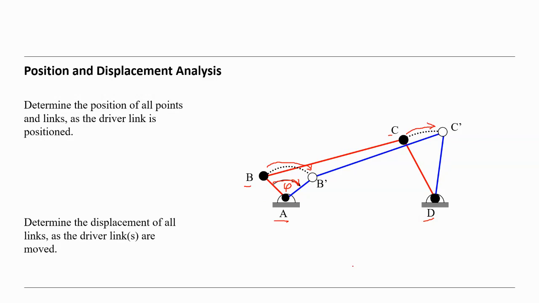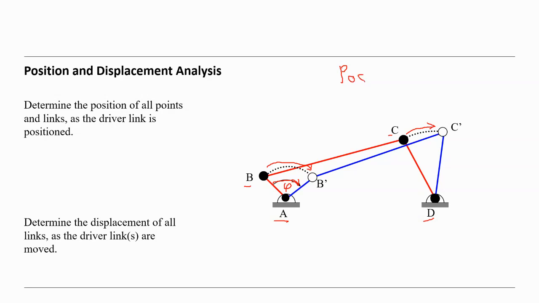Motion, of course, we use the mechanism on one side to transfer the motion, on the other side to transfer the power. But first we are going to deal with the motion. So the motion means, first of all, the position.